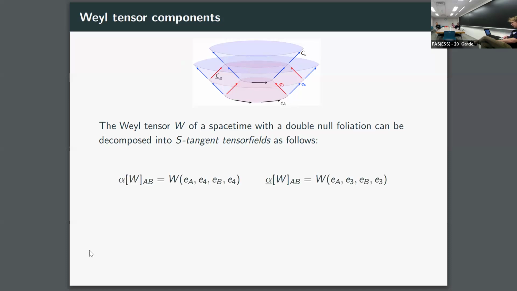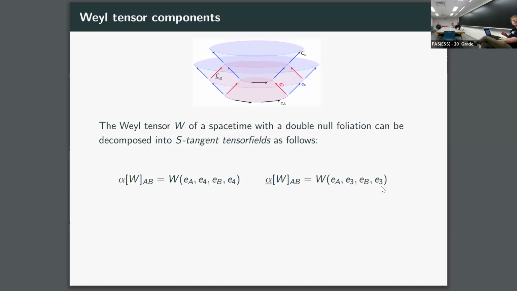So for instance, if I plug in E4 here to the Weyl tensor in these two slots, and leave the other two slots kind of open for unknowns, I get a 2-tensor, and I'll call that alpha. And I have alpha bar, where instead of E4, I've slotted in E3 here.